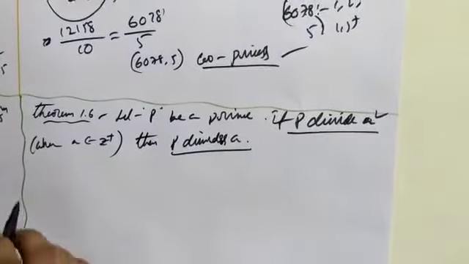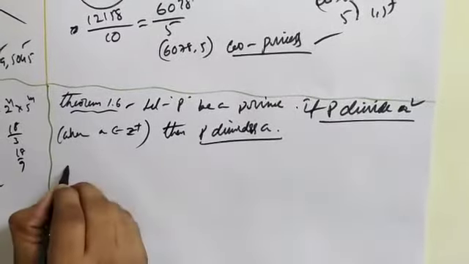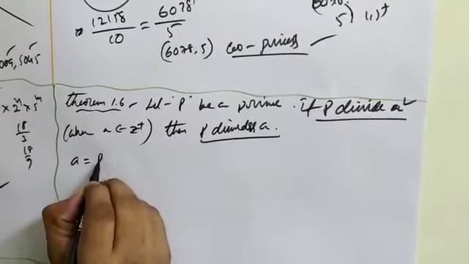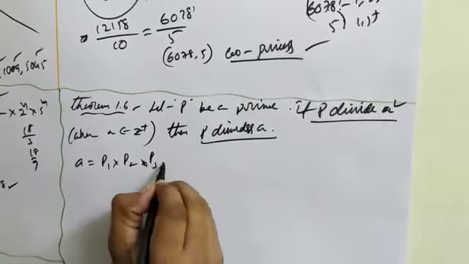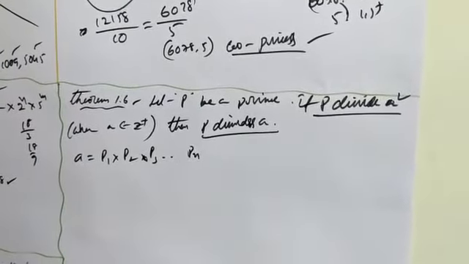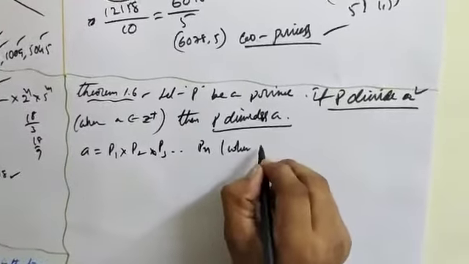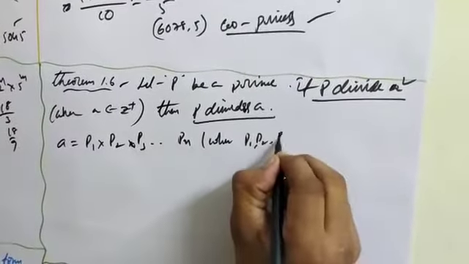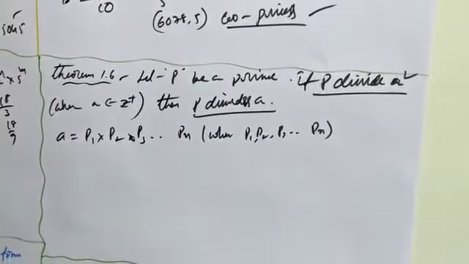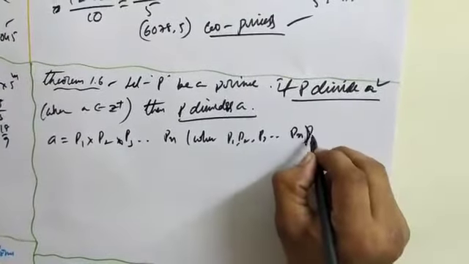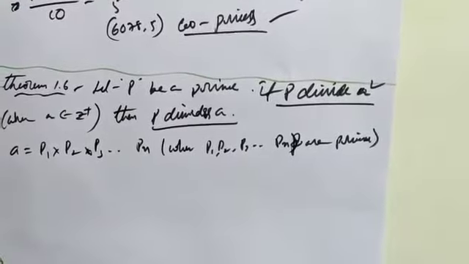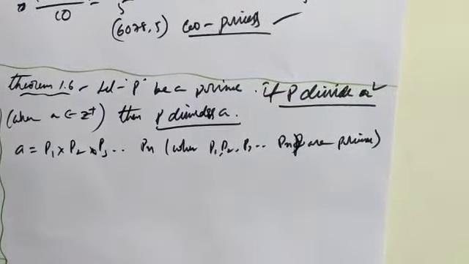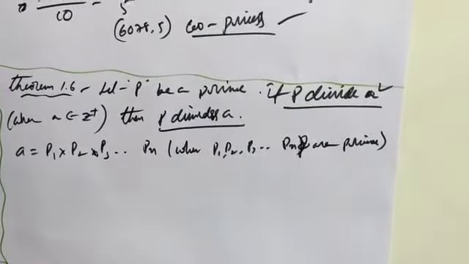What is P? What is A? A is a natural number, in the form of A equal to, for example, P1 into P2 into P3 up to Pn, where P1, P2, P3 up to Pn are prime numbers, according to the fundamental theorem of arithmetic or prime factorization.